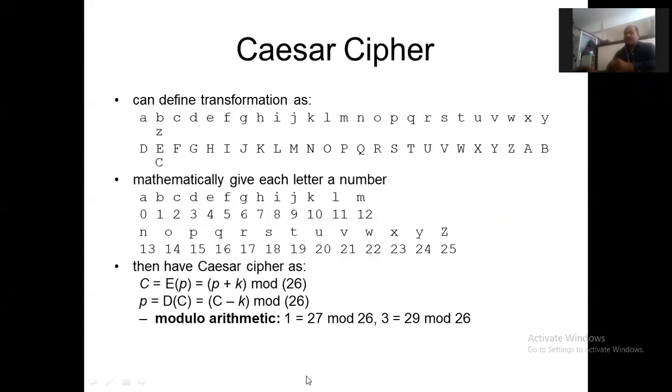Here we also have the mathematical representation of the Caesar cipher. In the information and cyber security subject, there is a mathematics part, and some of it is modular arithmetic. So we should know what modular arithmetic is, the mod operation. This is the ciphertext equation, and this is the plain text equation.